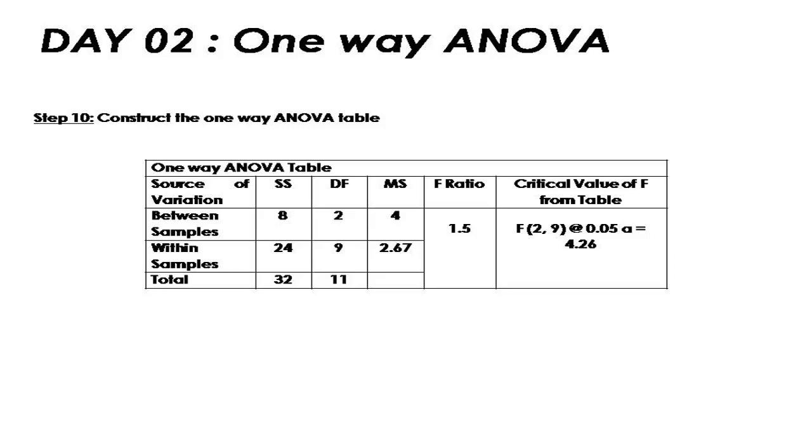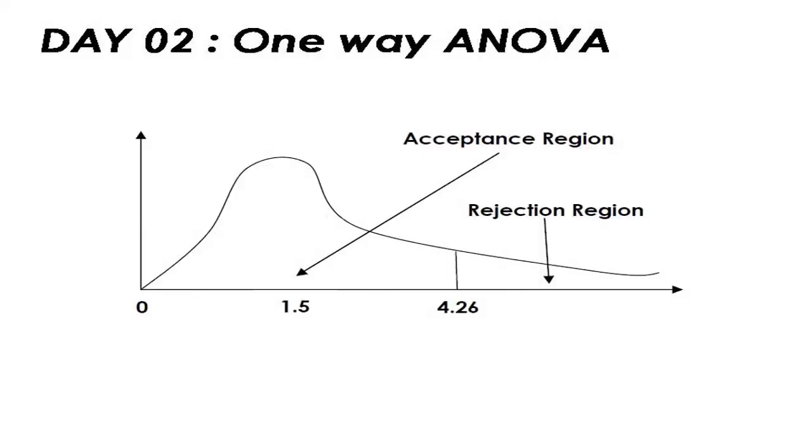If we put it in a graph, we can see the acceptance region and the rejection region. The critical value of F, since it is 4.26, will be on the x-axis at this place, and obviously the computed value of F ratio will lie somewhere here.